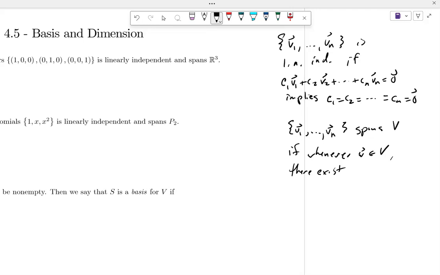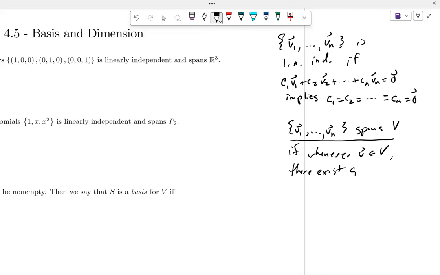He says if whenever the W vector is in V, then what can I do? So linear combination of which ones? If I want to say that this specific set spans V, what linear combination do you think I want? Yeah, I probably want a linear combination of the V's, right?